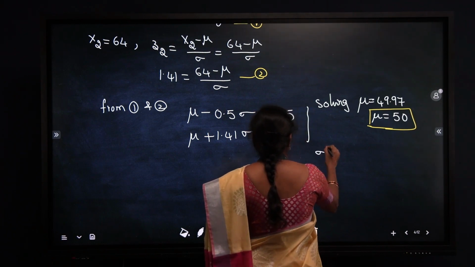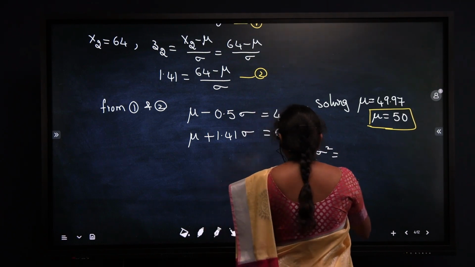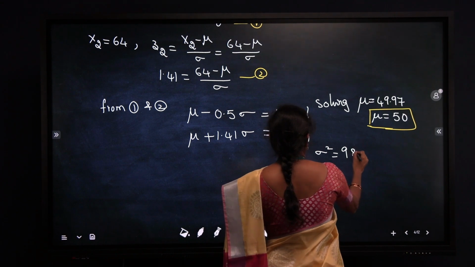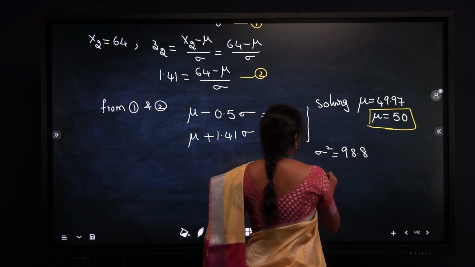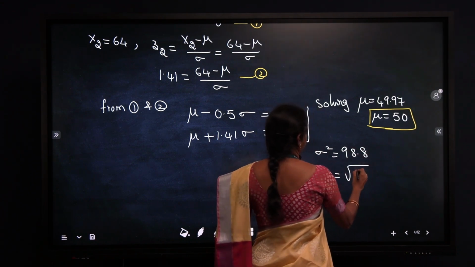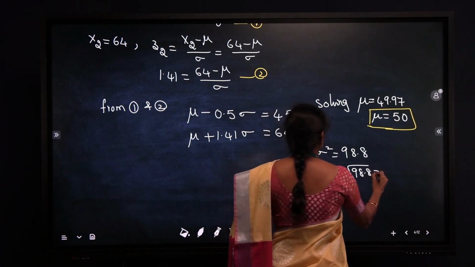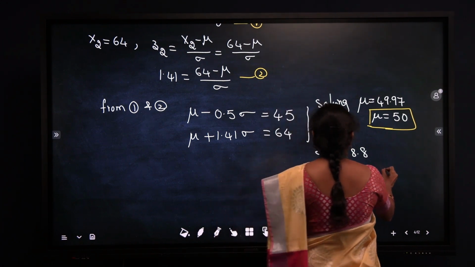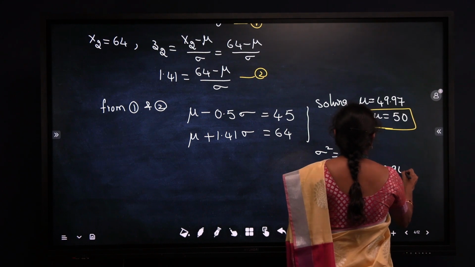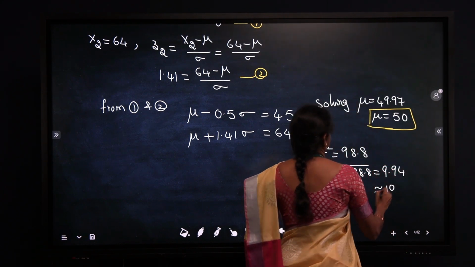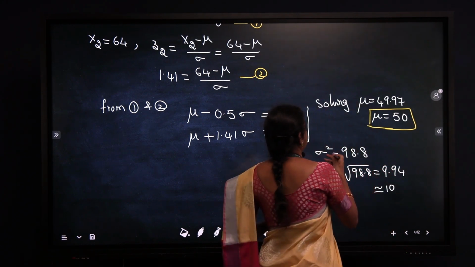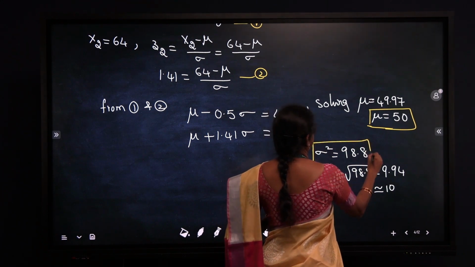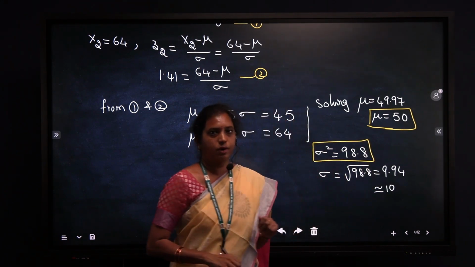Similarly, sigma square value will be equal to 98.8. So from here I've written sigma as root of 98.8, which is equal to 9.94, which approximates to 10. So mean is given by 50 and sigma square is given by 98.8.